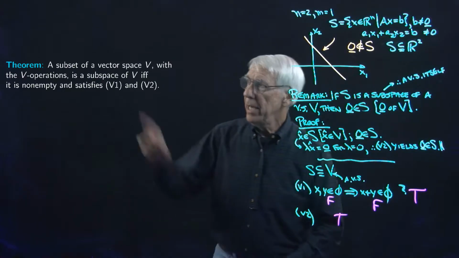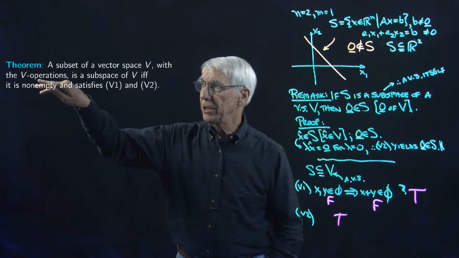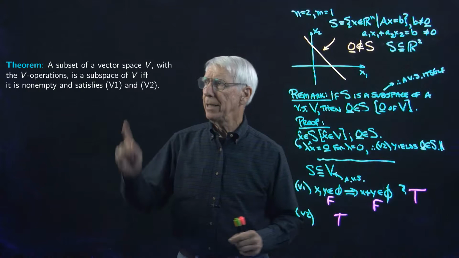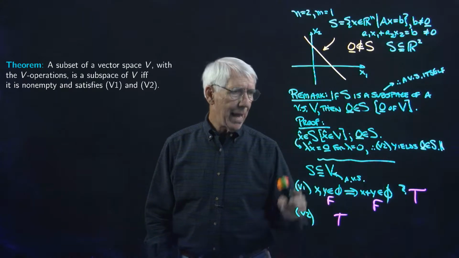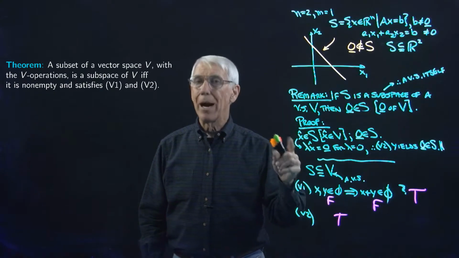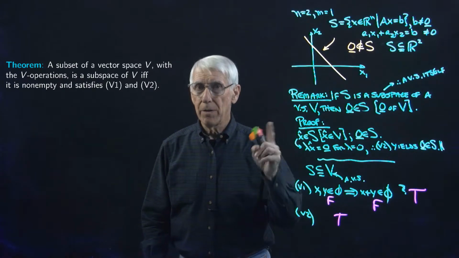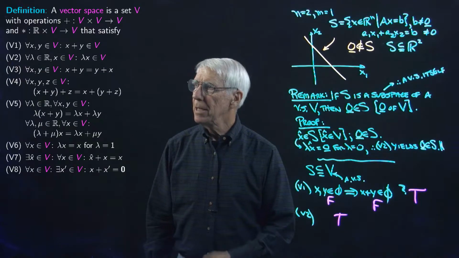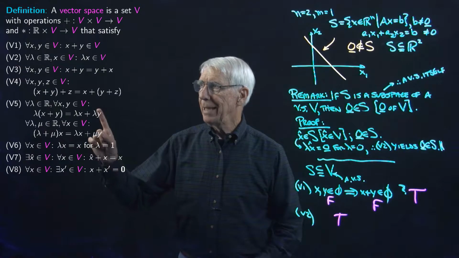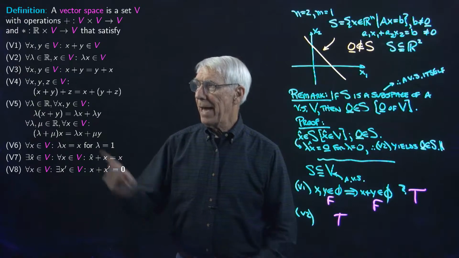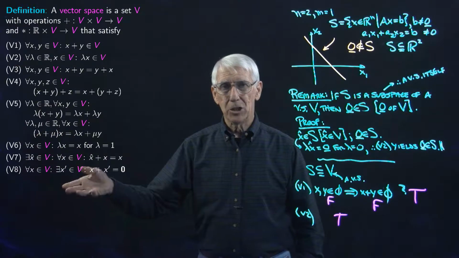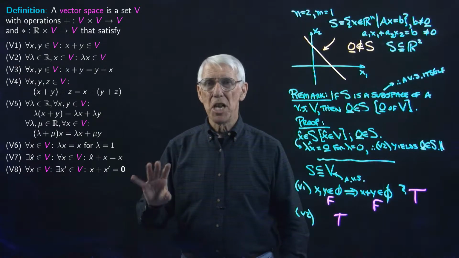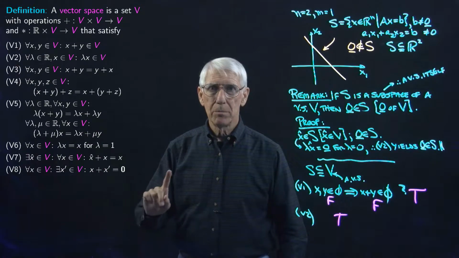So that would mean if we drop the non-empty qualification here, this theorem would say that the empty set's a vector space in its own right, a subspace of V. And we know that is not the case from our definition of a vector space, because the definition of a vector space says in V7, for example, that there exists an x hat in the vector space. The vector space can't be empty. The empty set is not a vector space, period.